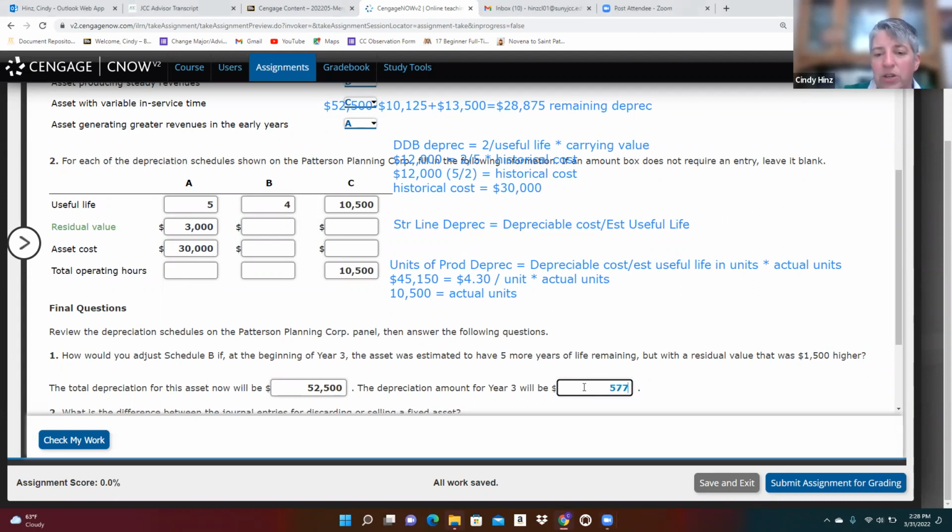So the depreciation for year 3 would be $5,775. We first calculated the remaining depreciation after the first 2 years. When we learn this new information, we have to revise the remaining year depreciation, and we take that remaining depreciation, divide it by the remaining 5 years, the new estimate of 5 more years of life.